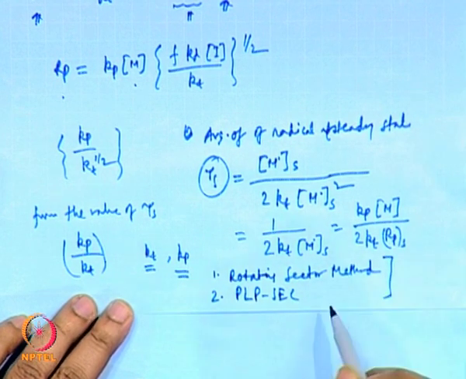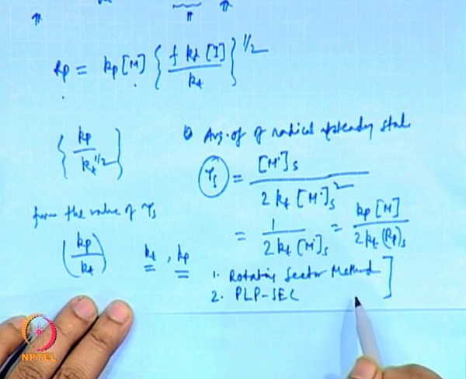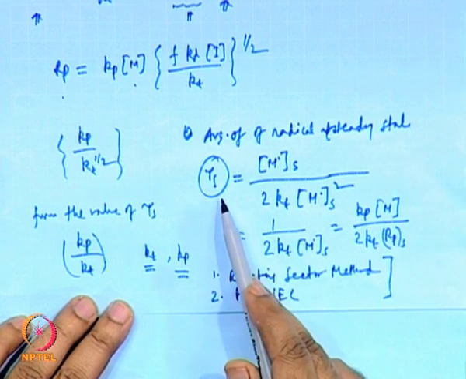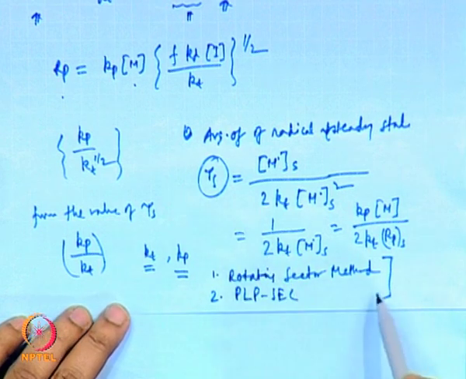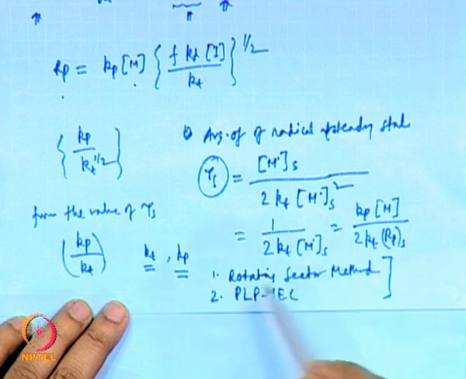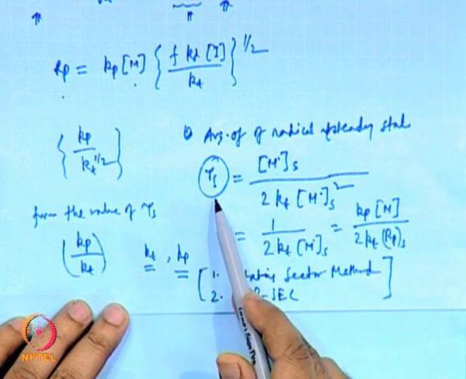Now, I am not going into detail about how these methods are used to determine the value of tau s, because this is not in the scope of the course, but for your knowledge, these are the methods applied to get the value of tau s.